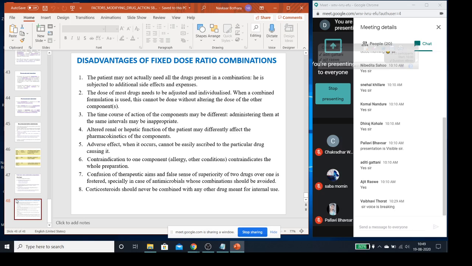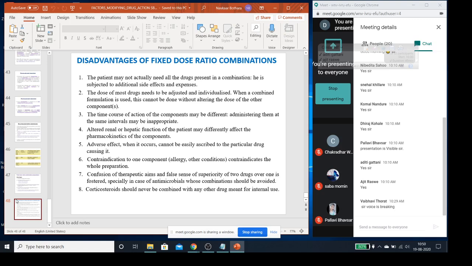When there is a combination, the companies train their medical representatives, who try to convince the doctors that since drug A and drug B were better individually, when they are combined the effect will be very superior, and therefore they are forced to use it, or they are just using it in that way.